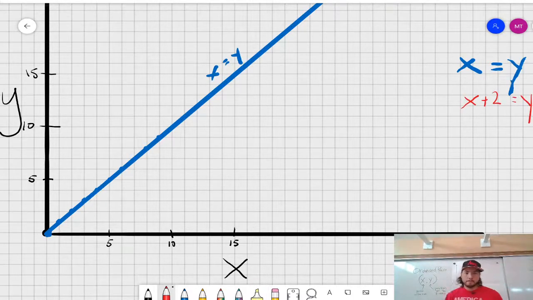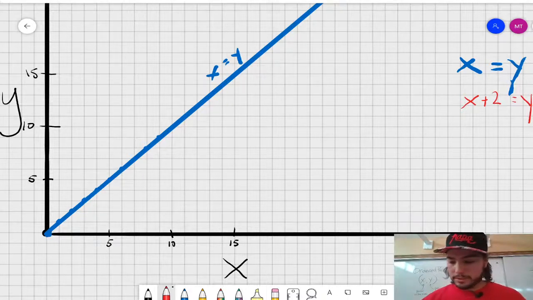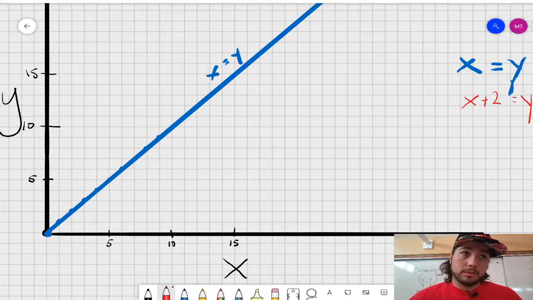Let's try that. I always like to start with x equaling 0, just because it gives us a real good place to start there. As they say in Do-Re-Mi, let's start at the very beginning. It's a very good place to start. Okay?